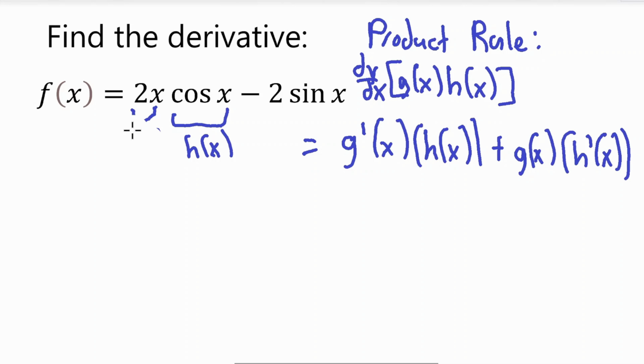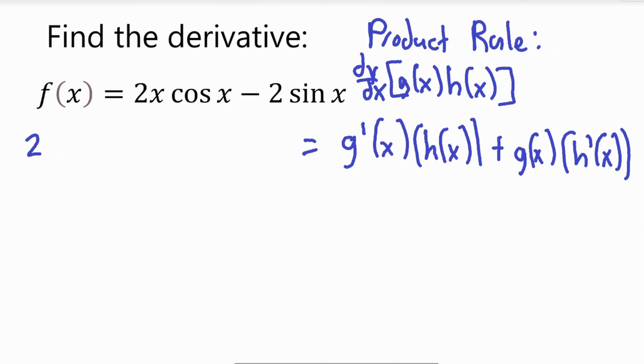So in the case of 2x cosine x, we first find the derivative of 2x, and that is 2. Whenever we have an exponent of 1, which in this case we have with 2x, the derivative is just the coefficient.